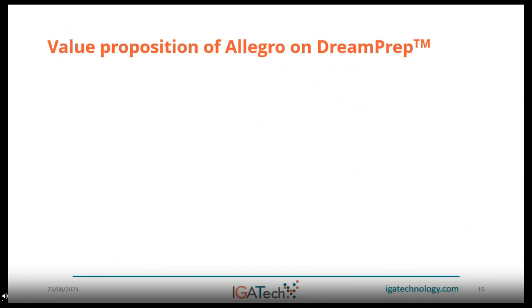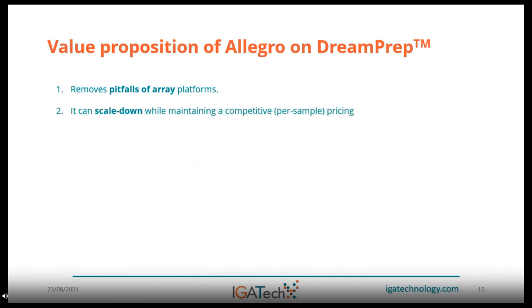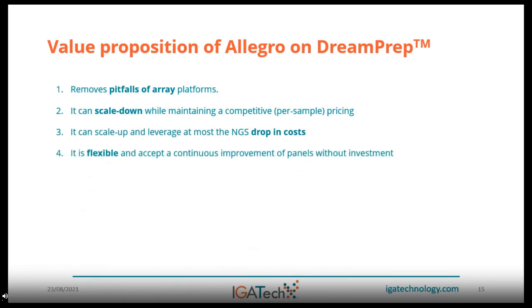So, as final remarks on Allegro on DreamPrep, we must say that it removes the pitfalls of array platforms. It has very competitive pricing per sample, as it leverages the continuous drop in the costs of next generation sequencing. It is a flexible platform, and it also accepts continuous improvement.